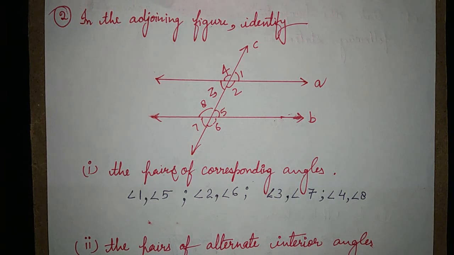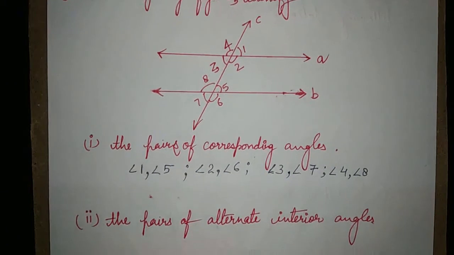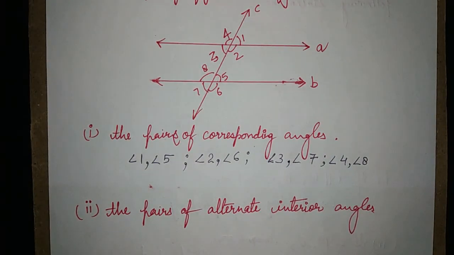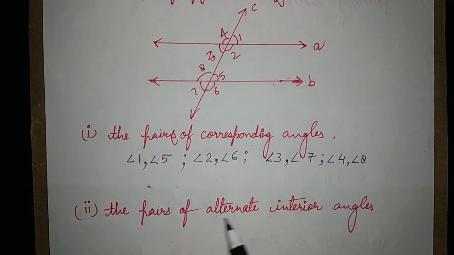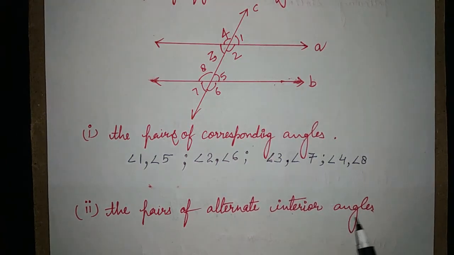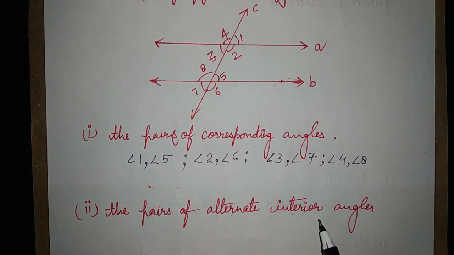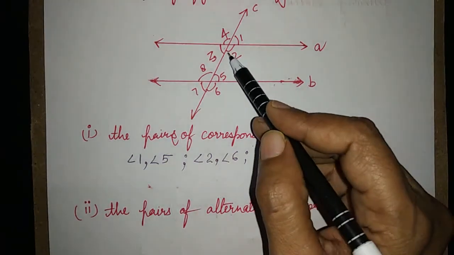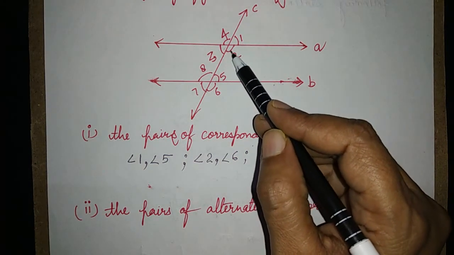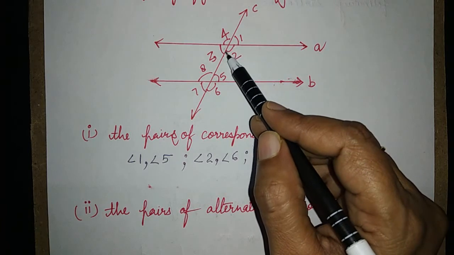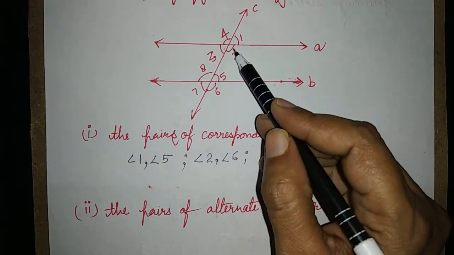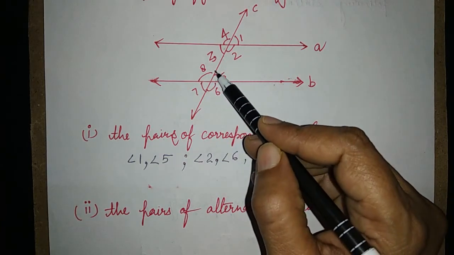Now see the second part of this question. In the second part, you have to write the pairs of alternate interior angles. For alternate interior angles, we can write angle 2, and the second angle which is alternate is angle 8.